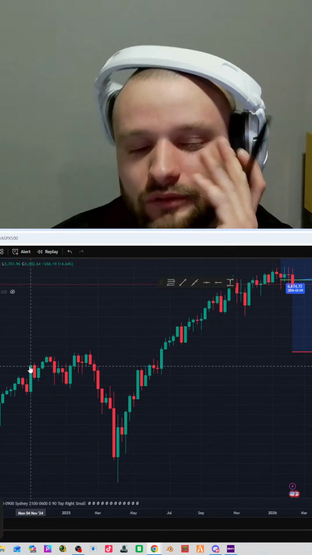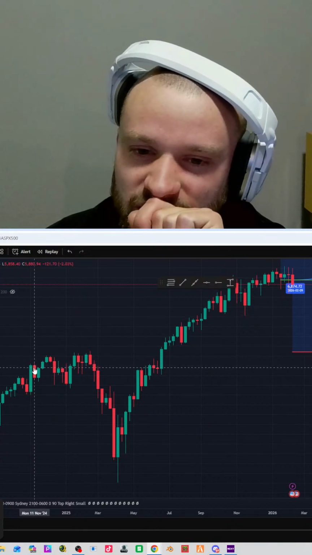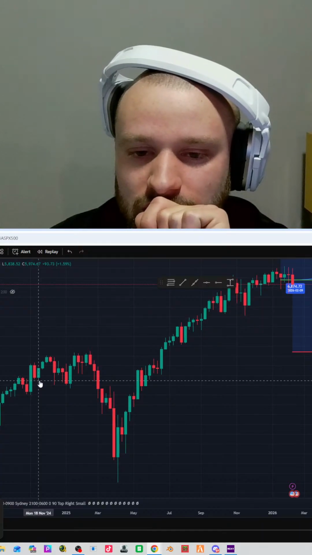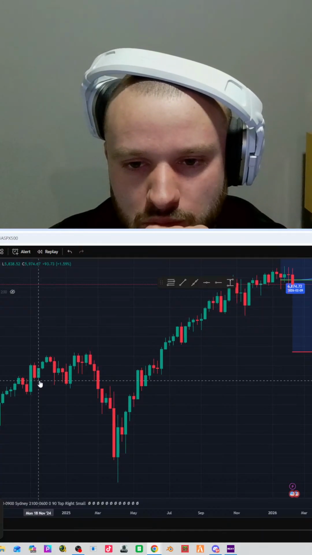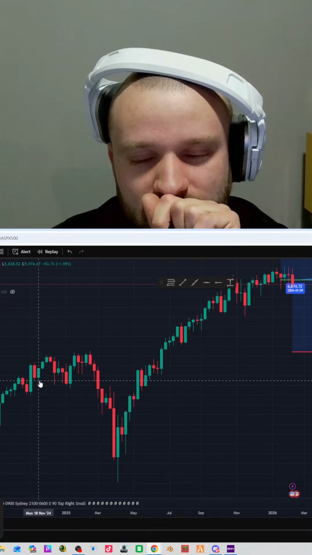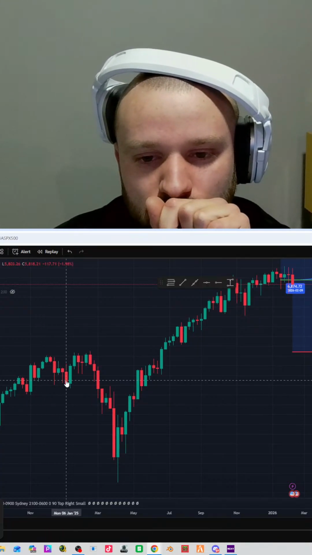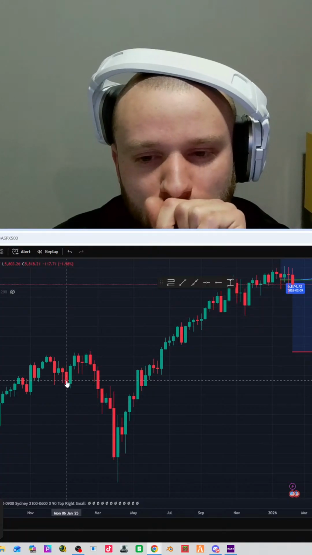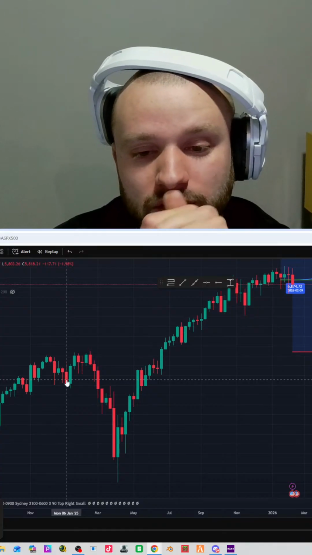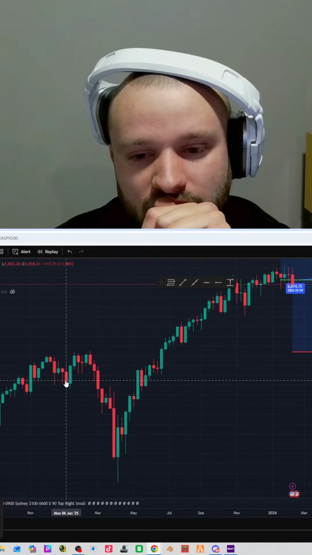Then a shot up. Move up, then a move down. Another low. Move up, move down, move up, move down. Boom, it closed. It closed below it, so it broke structure, right?